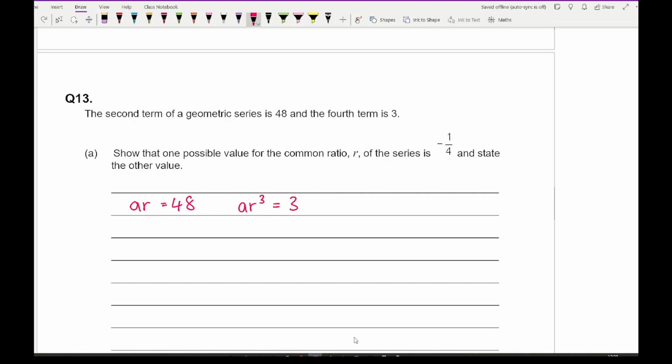So then to work out R, we divide, which gives me 3 over 48, which is equal to R squared. So therefore R squared equals 1/16. So R equals plus or minus 1/4. So R equals minus 1/4 or positive 1/4.